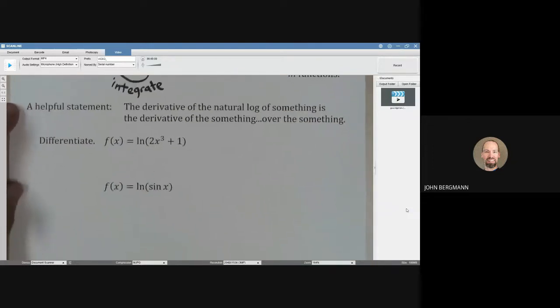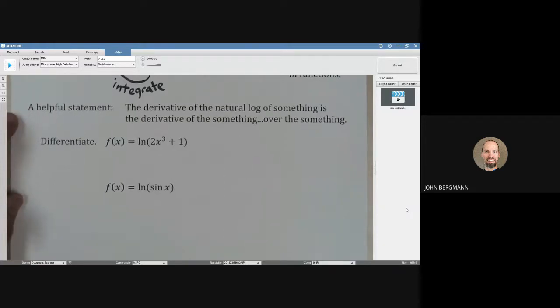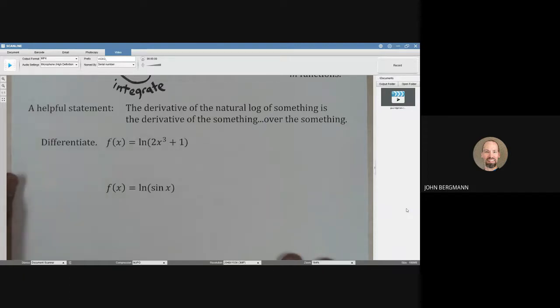Here's a helpful statement that my very first calculus teacher at the University of Illinois, Urbana-Champaign said in class, and I wrote it down in my notes, and I've never forgotten it. The derivative of the natural log of something is the derivative of the something over the something. Right.